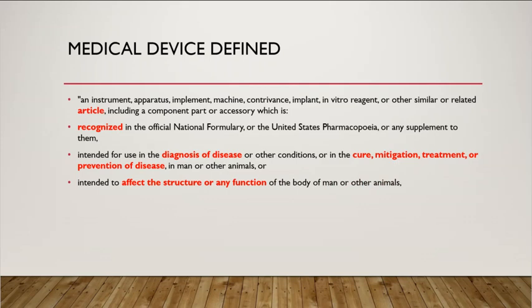Now those are what's within the definition of a medical device. It's an article, it's recognized, diagnosis of disease, to cure, mitigate, treat, or prevent disease, and it is intended to affect the structure or function of an individual or other animals.